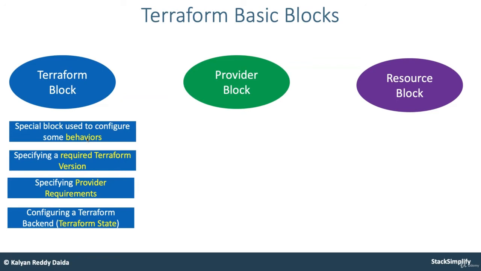We can also define the Terraform state configuration, meaning where our Terraform state needs to be stored, what the backend is. That configuration can be stored in this Terraform block. So that's one very important block; whenever you are starting with Terraform, you need to know about that block as the first thing.